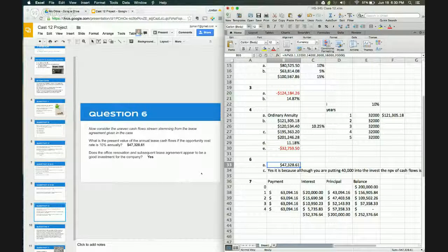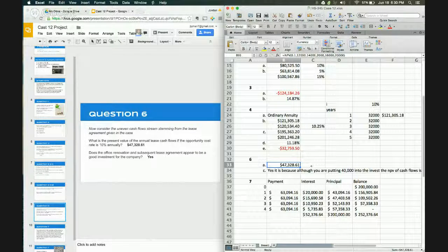And the last part of question 6, part C, asks us, does the office renovation and subsequent lease agreement appear to be a good investment for the company? So the answer is yes, but let's go into why it's yes. So our initial investment is $40,000. And for what we can see for the answer for A is that the present value of the investment is $47,000. So it's $7,000 more.